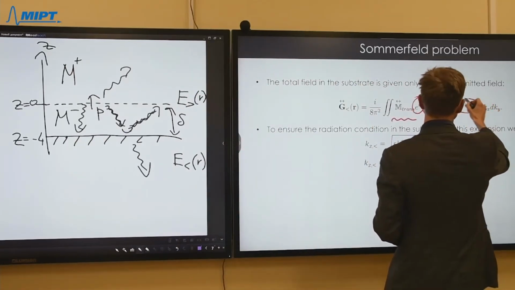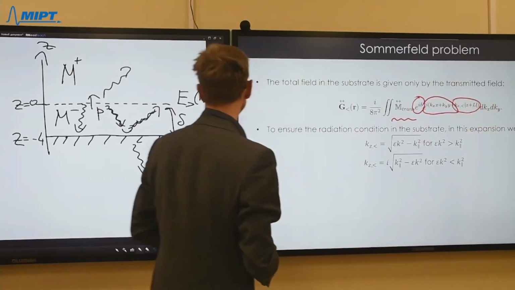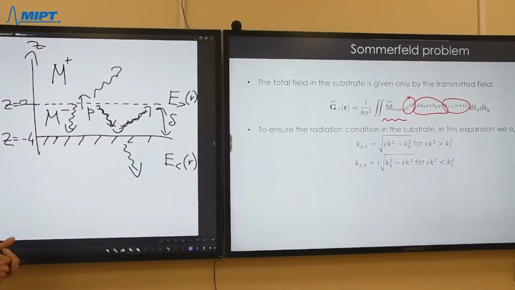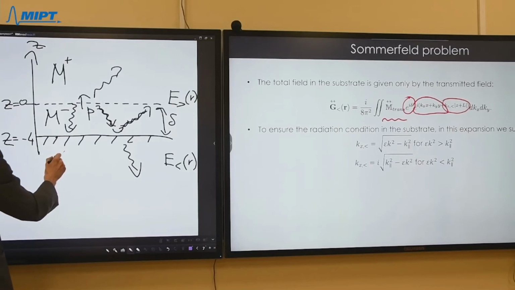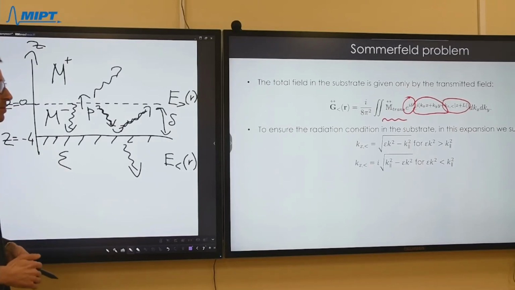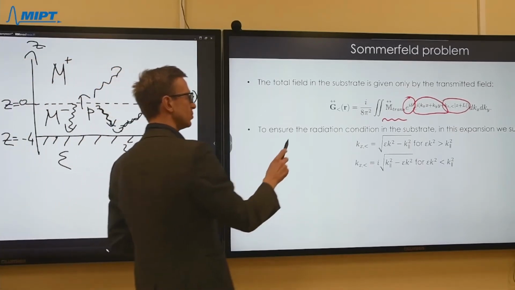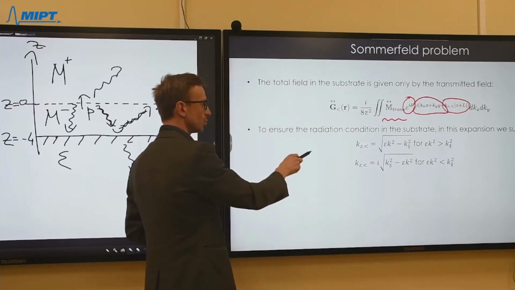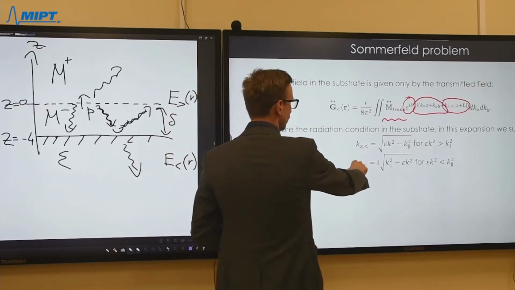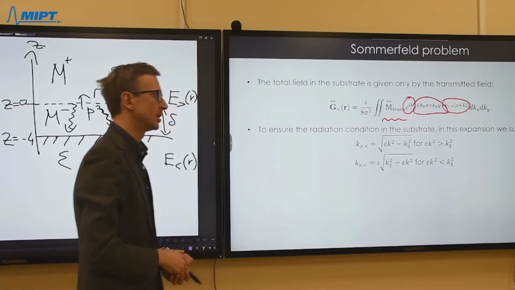And then we have also this. This is interesting because the z components of the wave vector in the substrate will be different. This substrate is characterized by a certain permittivity epsilon. And so we need to establish a different rule for calculation of the z components of the wave vector in the substrate.